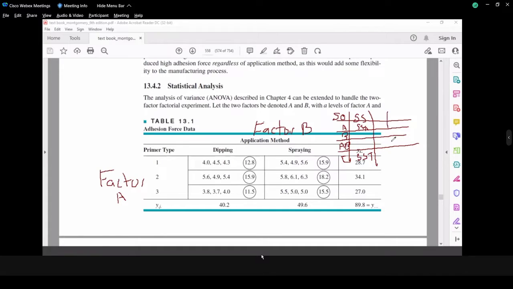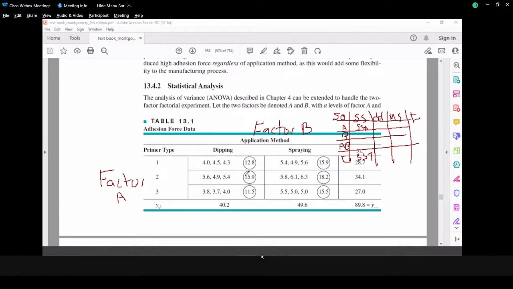And then you have degree of freedom, DOF. And then you have mean square, MS. And then the last column you have F statistics. So this is ANOVA, that we have discussed in theory. This is an example.